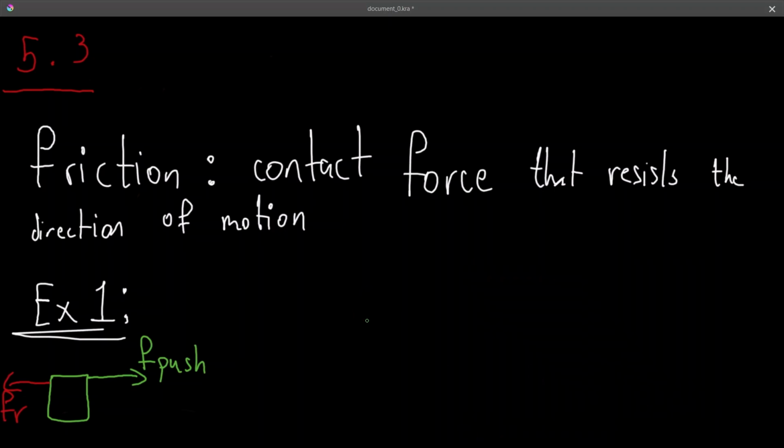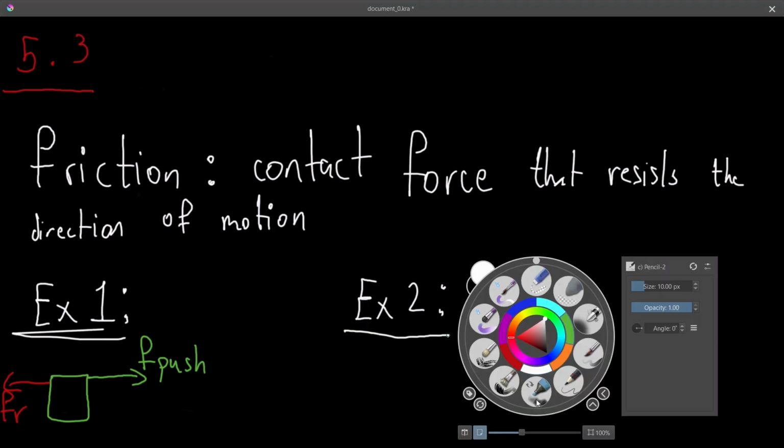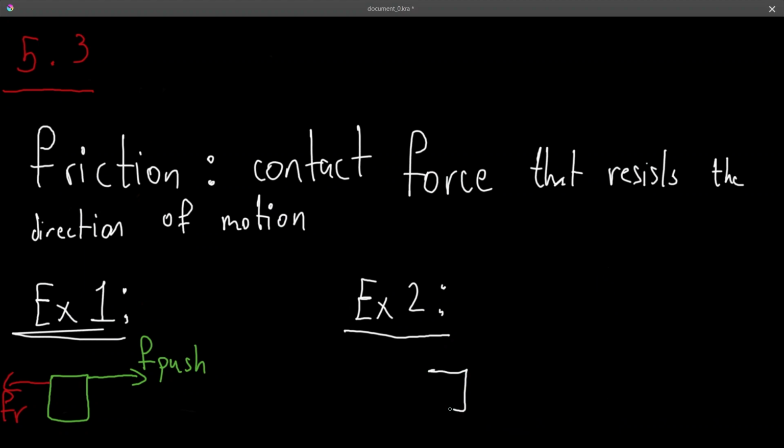This is the direction of friction, and we call friction Fr. Let me give you another example, this time with multiple forces. So let's take example 2, this box right here, and I pushed on it with, say, F1 equal 30 Newtons.